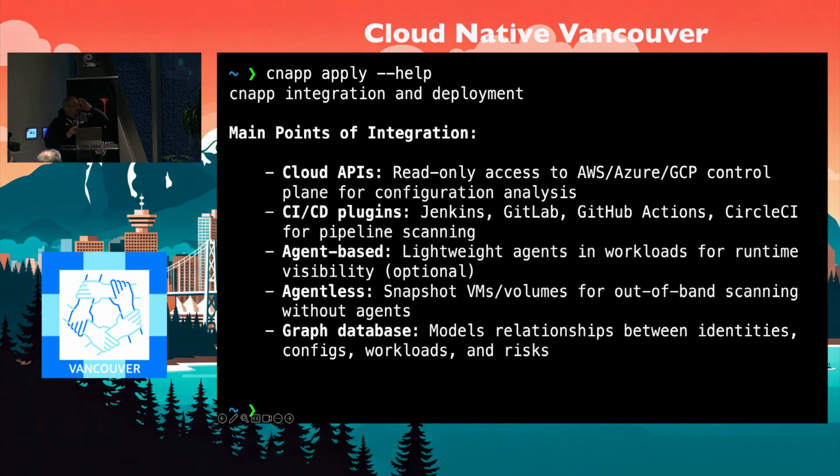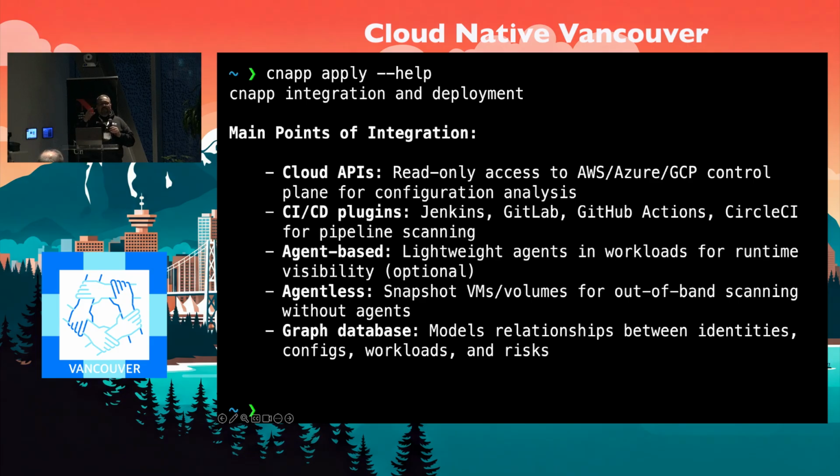It will be integrated, as I said before, with your CI/CD pipeline. You can have agent-based CWPP, Cloud Workload Protection. It's a lightweight agent that is installed inside of your container or inside of your VM. Or it can be agentless. How do you run agentless?